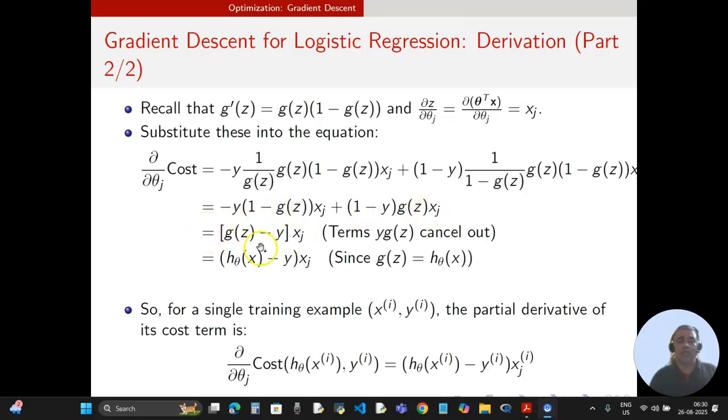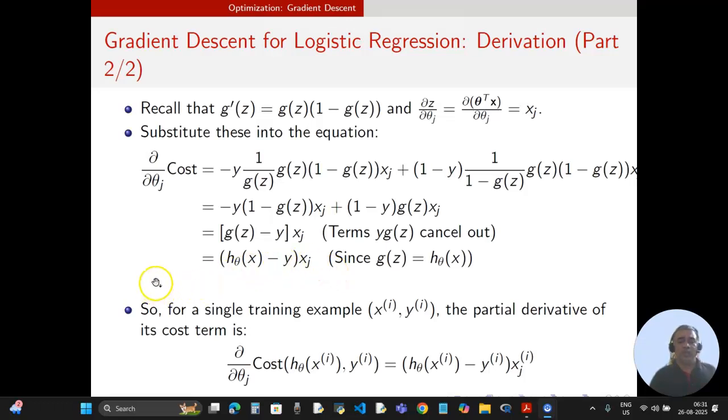We are going to get g of z minus y into xj. So g is the hypothesis, that is h theta of x minus y into xj. If you observe carefully, this h theta is the predicted probability value and y is the actual value. This is like an error, and it is multiplied with the corresponding x.